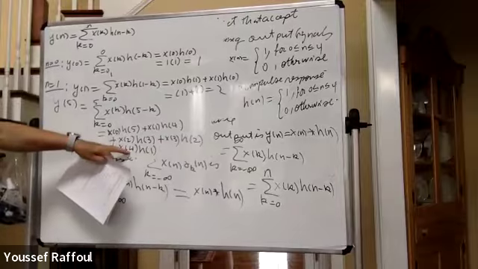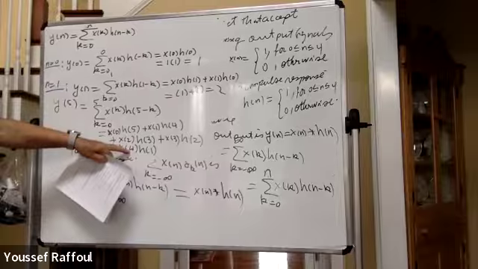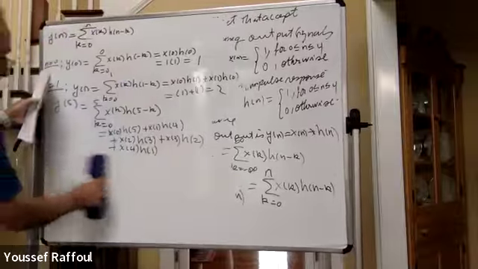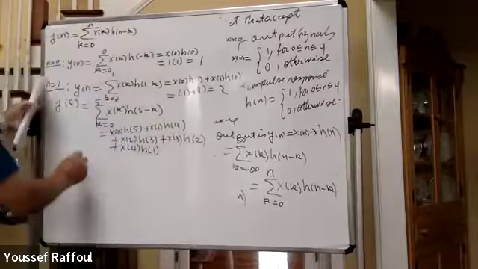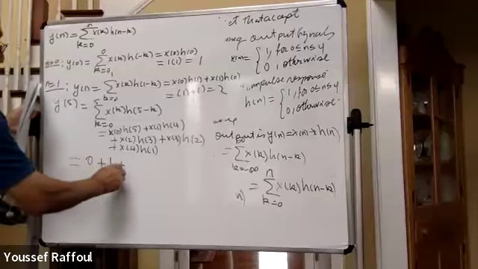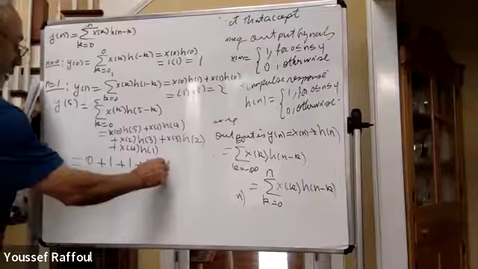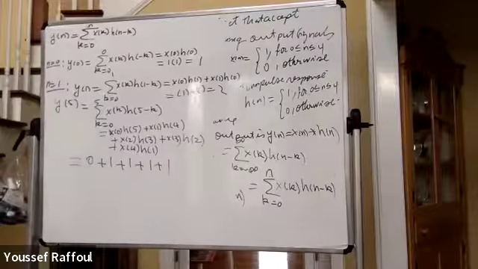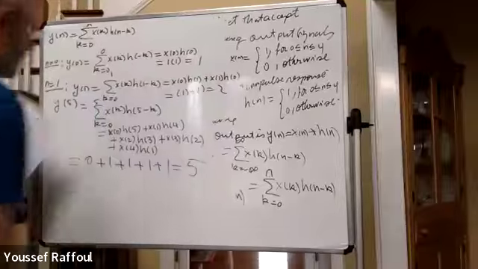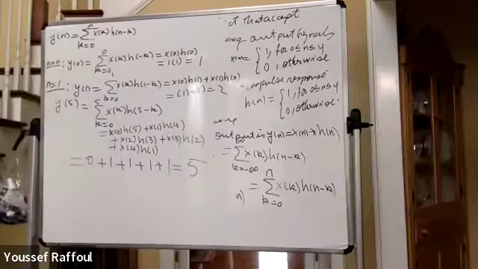Because if you go to h5, x5 is going to be 0. So this is 0 plus 1 plus 1 plus 1 plus 1, and that is 5.